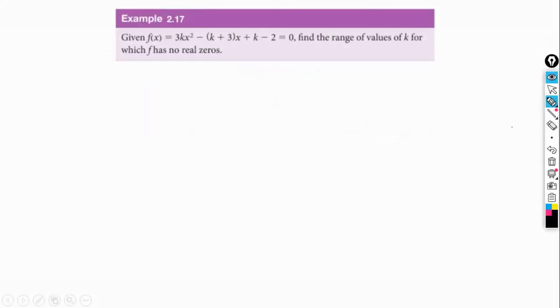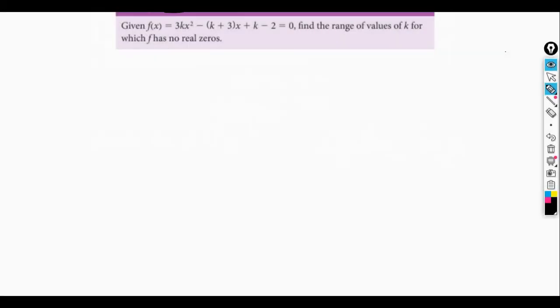Finally, we're going to do example 2.17, which is the last one on this video. And it says, given f of x is equal to 3k x squared minus k plus 3x plus k minus 2 equals 0, find the range of values for k for which f has no real zeros.